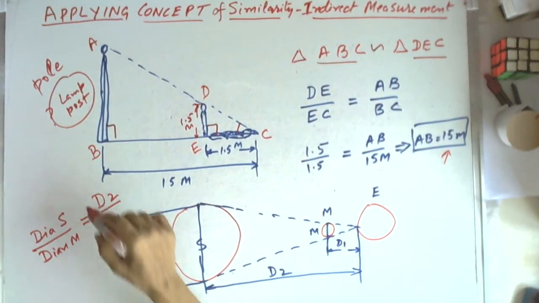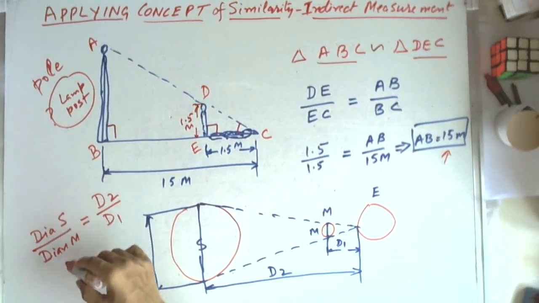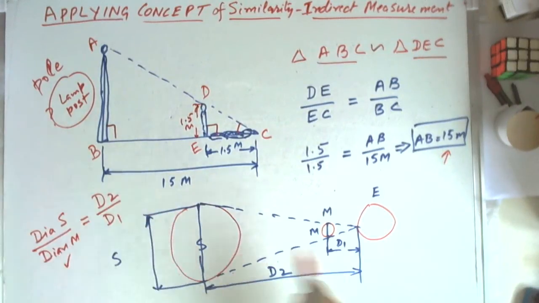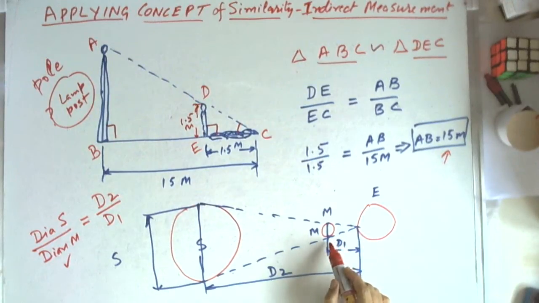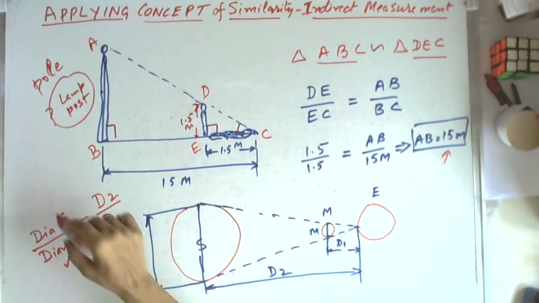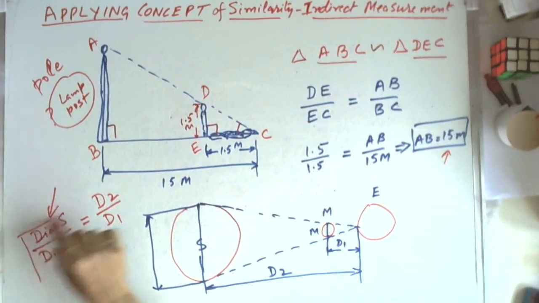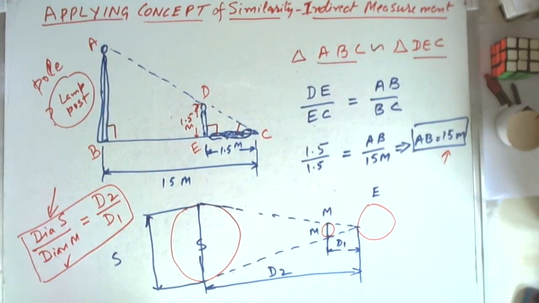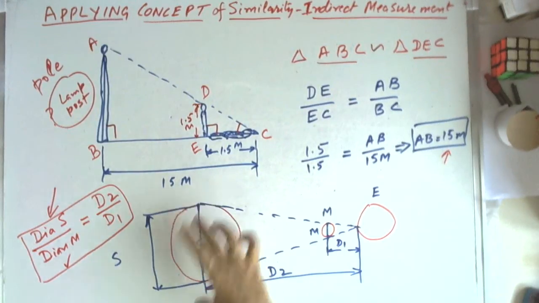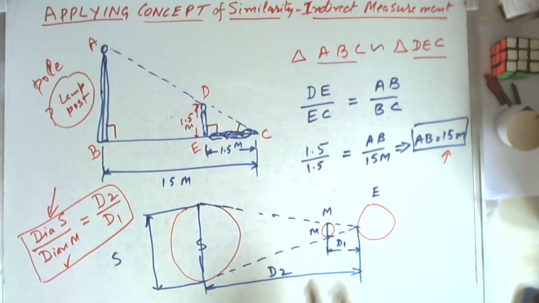So if we know the diameter of the moon, and how far the distance is from moon to earth and sun to earth, then we can find the diameter of the sun. So again, this is an application of the concept of similarity for finding the diameter of the sun, provided we know the remaining three values.